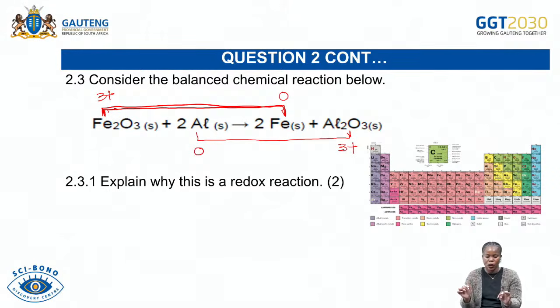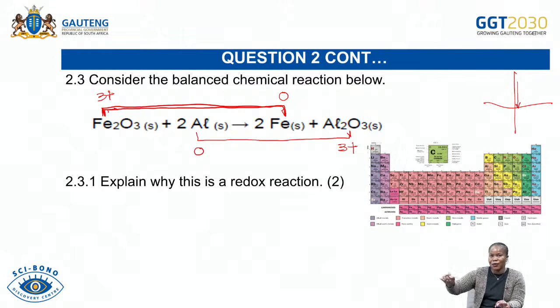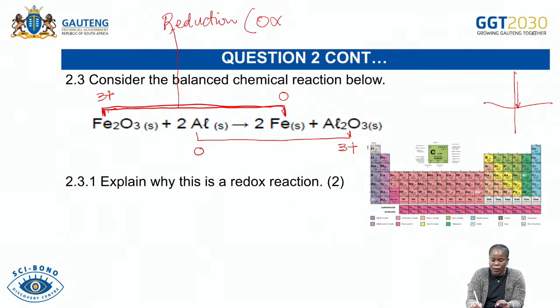Let's look at what happened here. For iron, there was a decrease in oxidation number, from +3 to 0. If there's a decrease in the oxidation number, it is reduction. So over here, iron underwent reduction, and that means that it is an oxidizing agent.